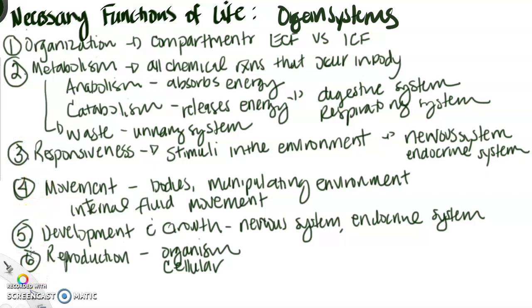So how do we fuel those things? These are the things that have to occur between organ systems, or that organ systems do, so that we can have life. But there are certain things that we need in order to fuel these things. So, survival needs.